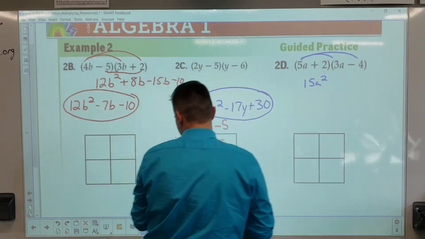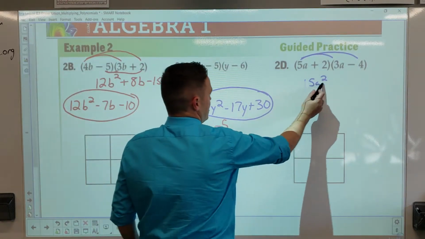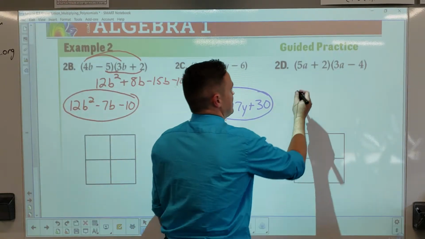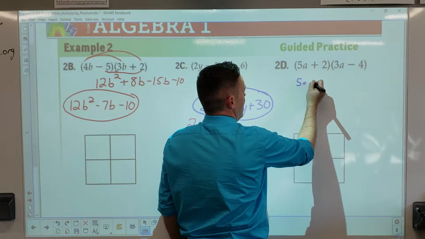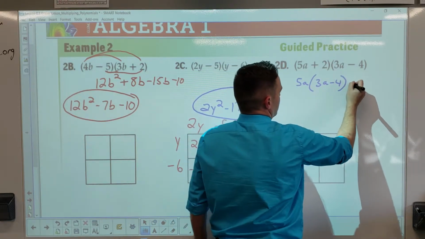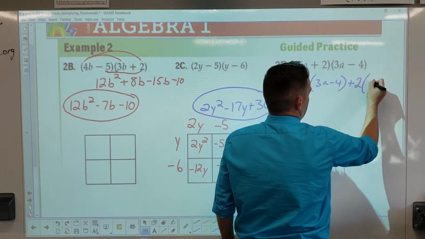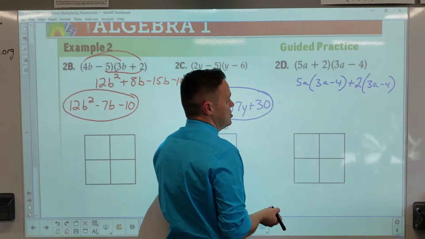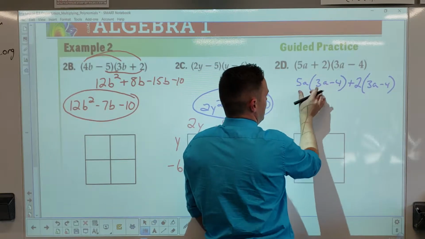Actually, as a matter of fact, I'm going to use the distribution method on this one. Okay, the distribution method works well. Some of you guys may like that. So it'll be 5a times 3a minus 4 plus 2, and then it's 3a minus 4. Just like that. Okay, that's the distribution method. Now you would just distribute into here.